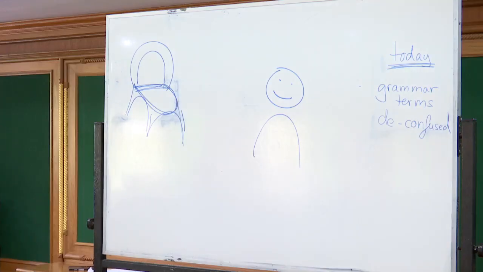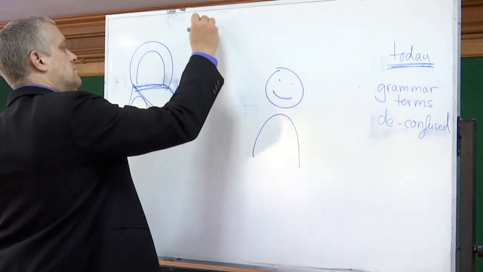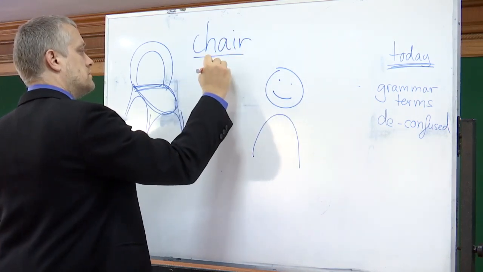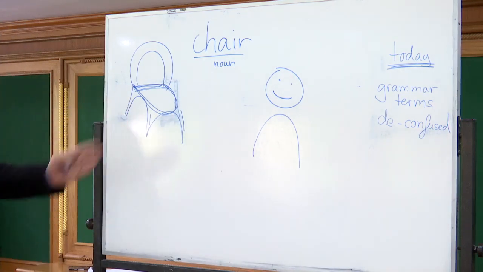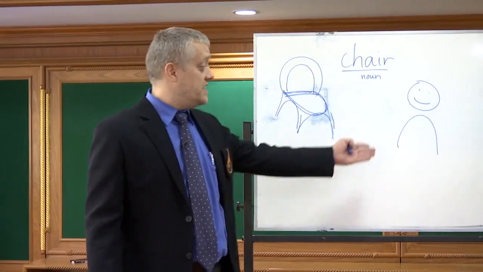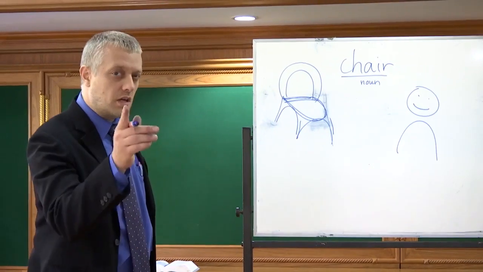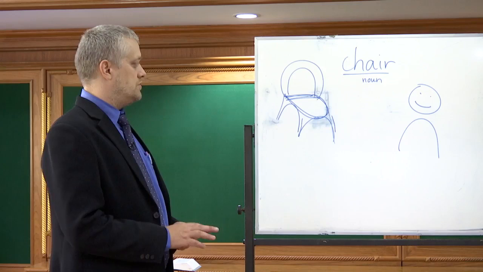And it's not even a different part of speech. What is this? That is a chair. Everybody can see that. But can you see that this is a chair? It can be. Look it up in a dictionary. That's where you learn the most.